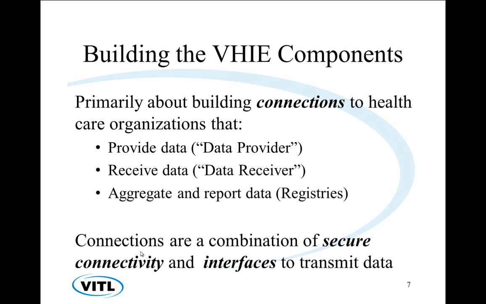Basically, they export the data or receive the data. When we talk about interfaces for the VHIE, we're talking about two sides. There are always two sides, a sending system and a receiving system. So we set up those interfaces. First I'm going to talk about the secure connectivity, and then I'll jump into how we set up these interfaces.